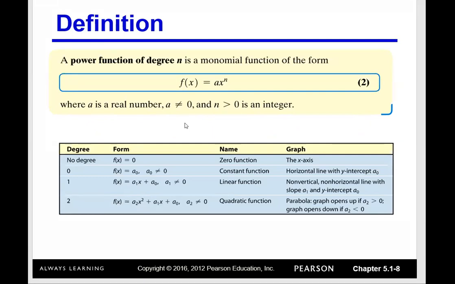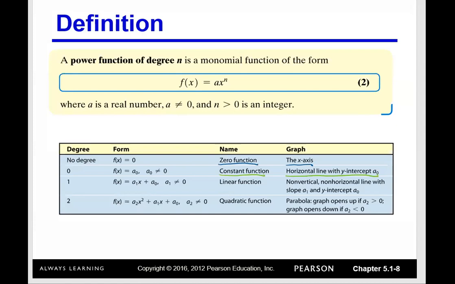This little table they've got down here, if it doesn't have a degree, that's called a zero function because that's simply the x-axis. If it has a degree of 0, that is a constant function, which is a horizontal line, much like that y is equal to 8 problem.